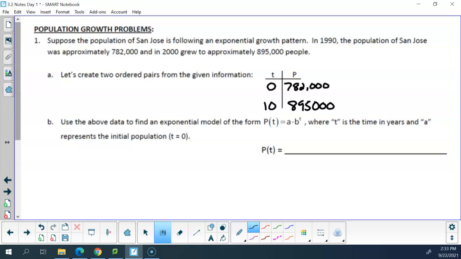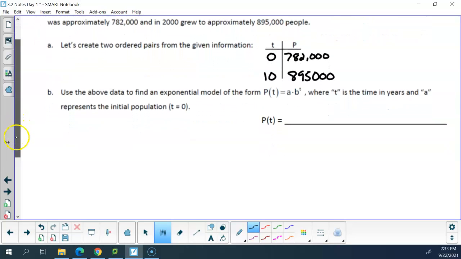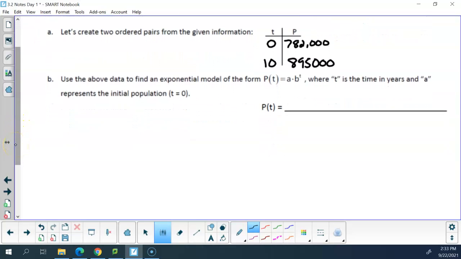How are we going to do that? Do we know A or B? Those are the 2 things we've got to find, A and B. What's A? Bingo.